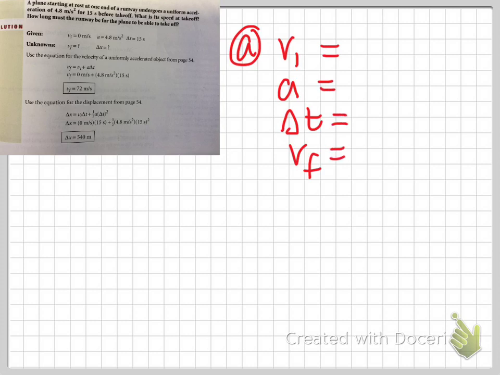Again, when you list the variables that apply to a given part of the problem, then you're able to see which equation you should use. So you've got 2 equations to pick from. Of the 2 equations we just derived, which equation ties those 4 things together?